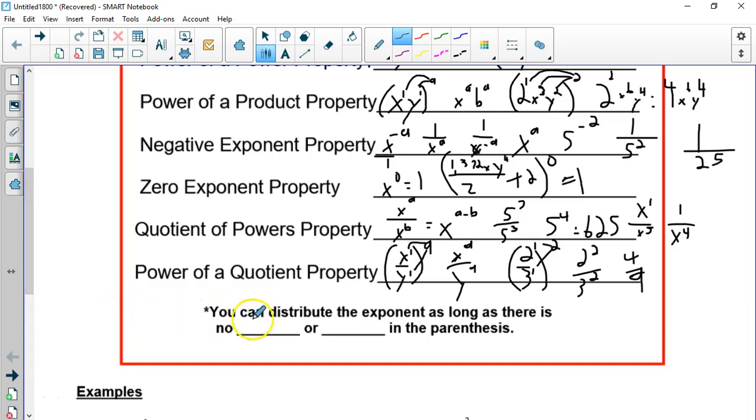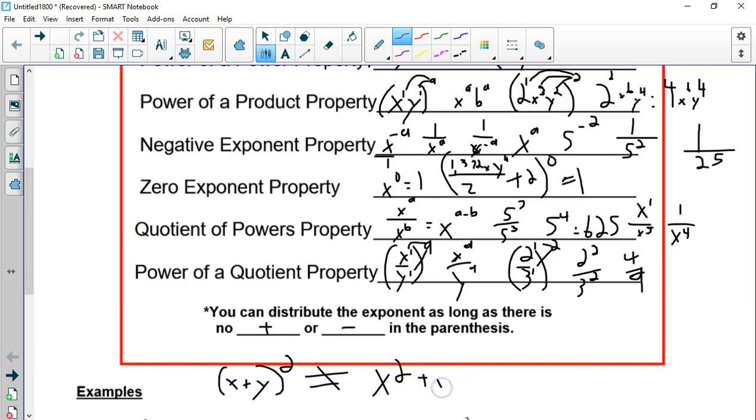Okay, this is a rule we've been talking about plenty this year. You cannot distribute an exponent if there's a plus or minus. Basically, if it's a binomial. So we've talked about this over and over again. X plus y, in parentheses, binomial, squared, is so not x squared plus y squared.